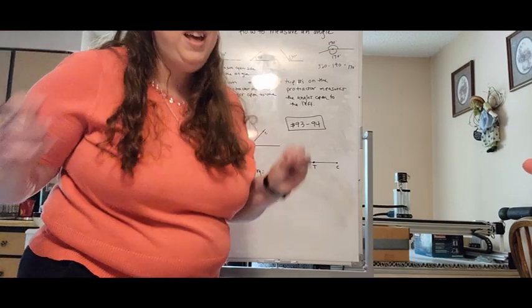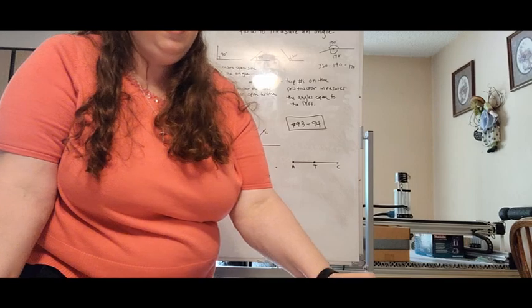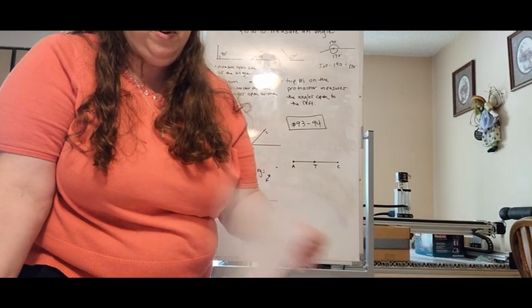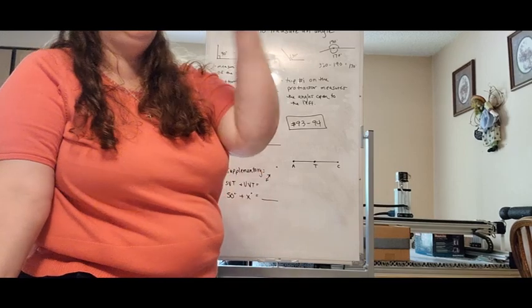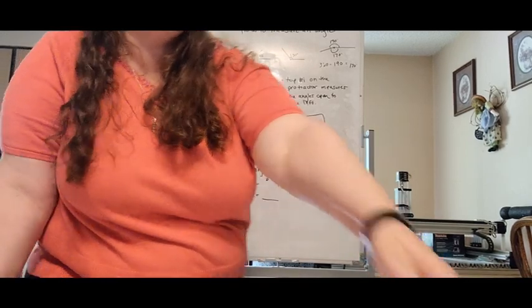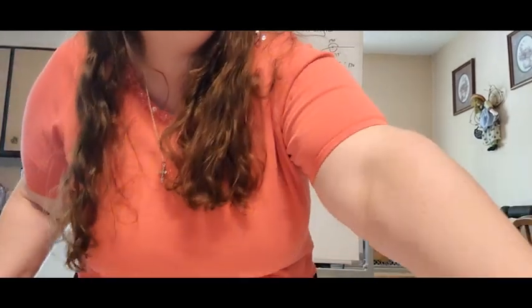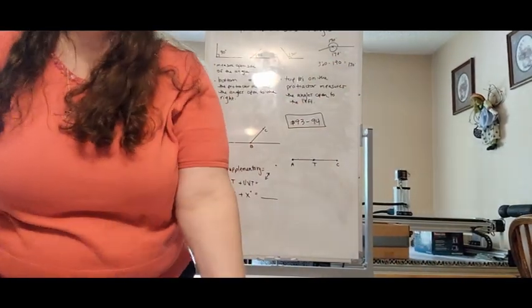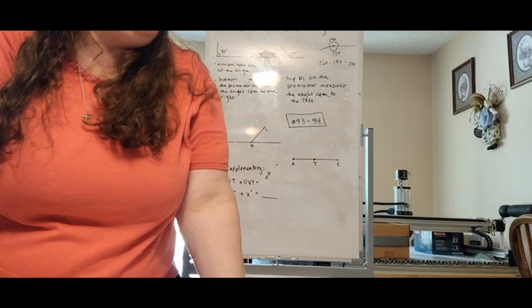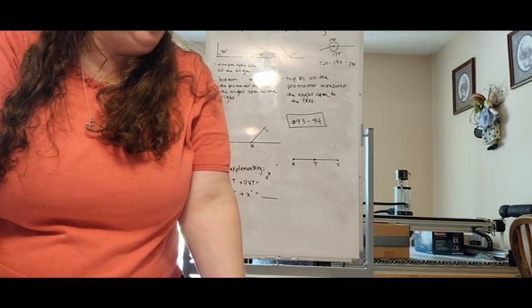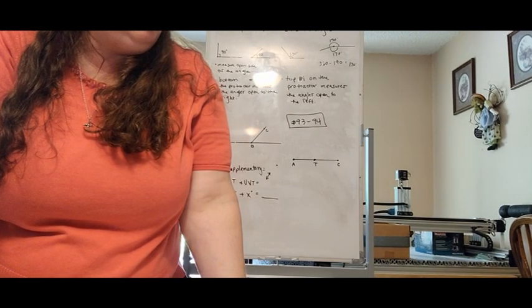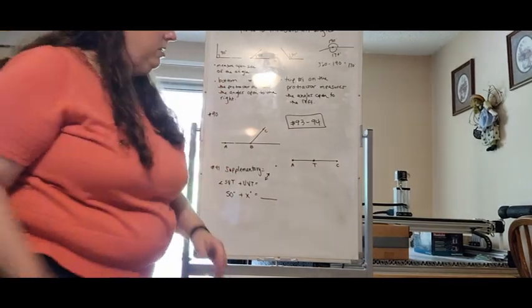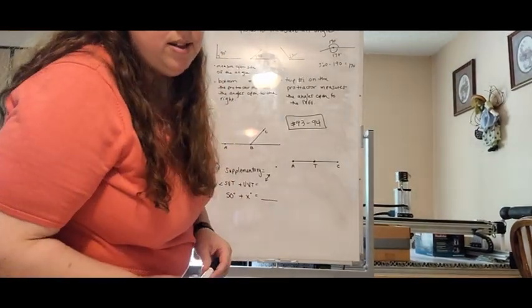Okay, so set 17, number 90. It says adjacent angles AB or EBA and EBC.